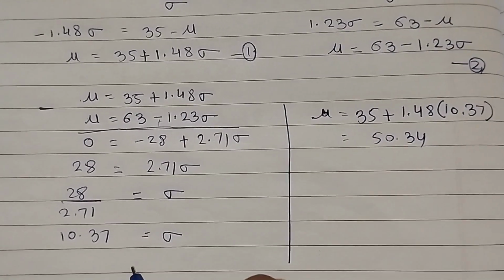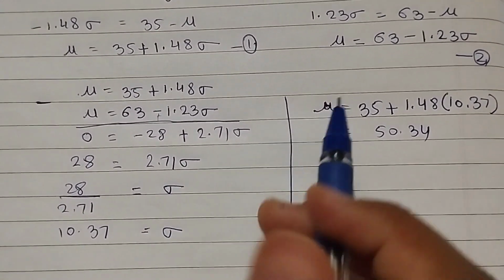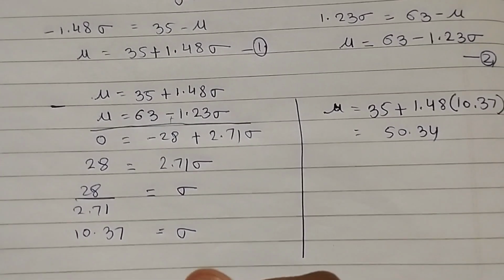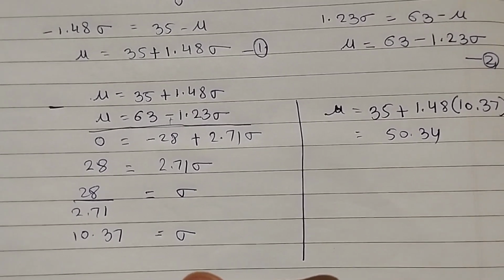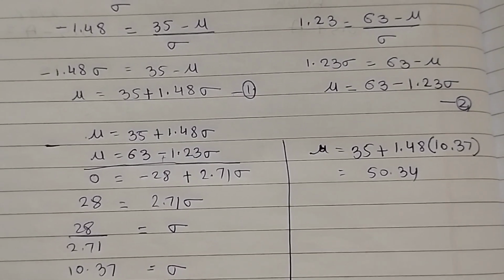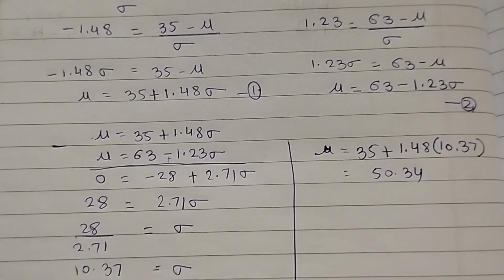In this way we find the standard deviation and the mean of the item. I hope you all get the idea of how we solve the question on the Poisson distribution and the normal distribution. Thank you.